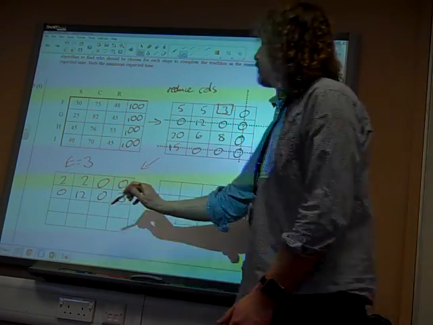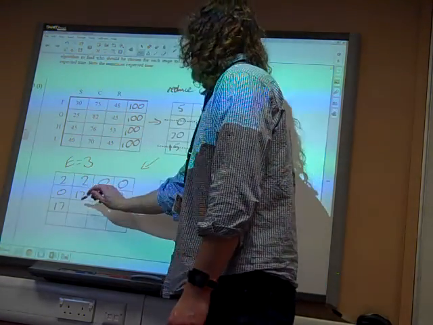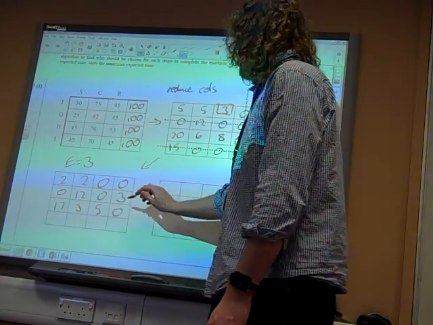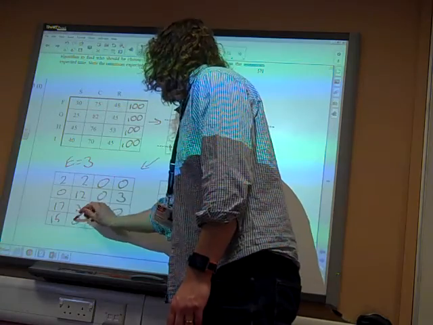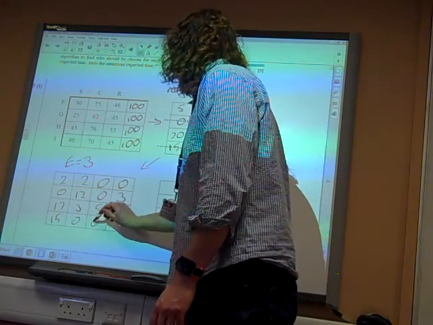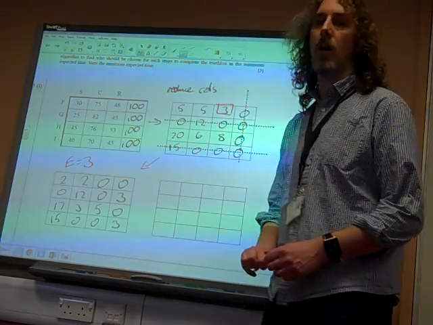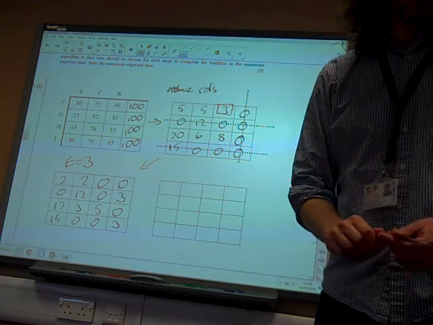So that would be the first 2 rows. And we've then got 17, 3, 5, and there's another 0, and then we'd have 15, 0, 0, 3. So there is our new table.